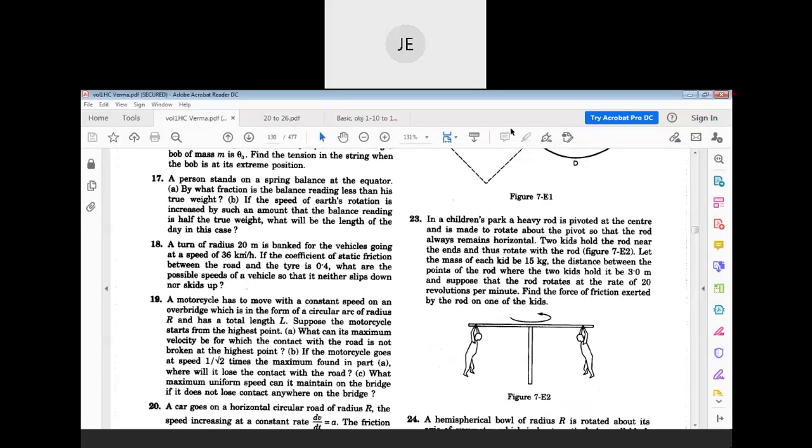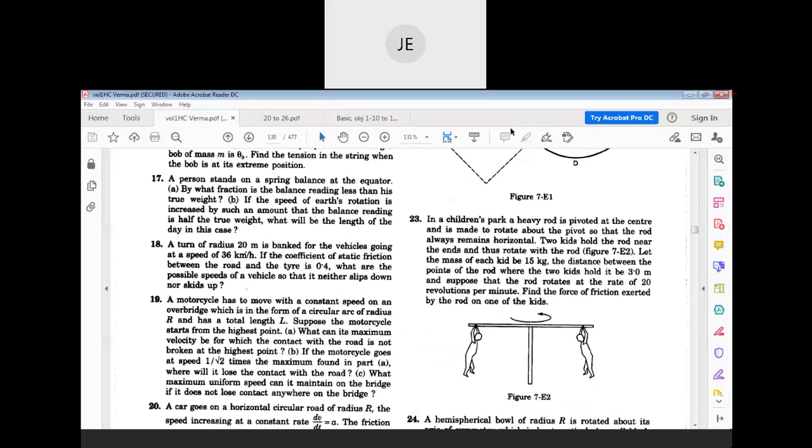Mass of each kid is 15 kg. The distance between the points of the rod where the two kids hold it is 3 meters. So that is the radius actually. Suppose that the rod rotates at the rate of 20 revolutions per minute.